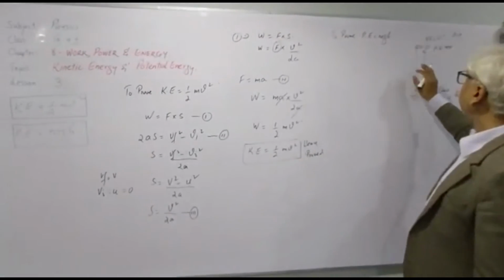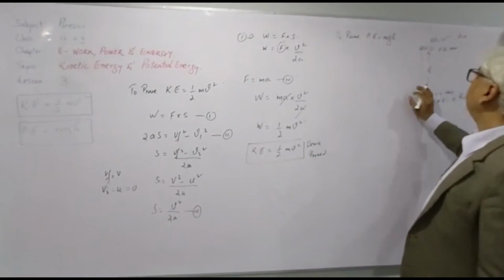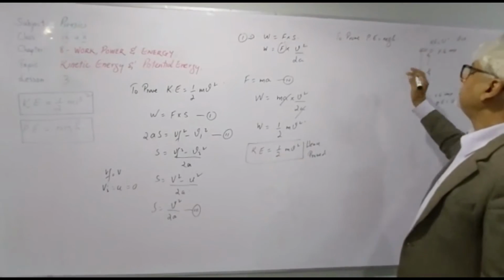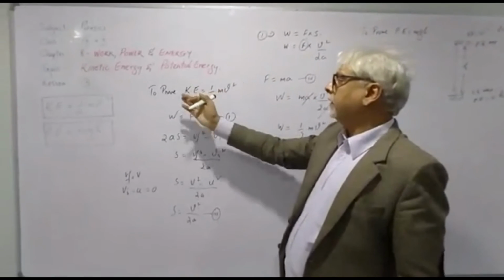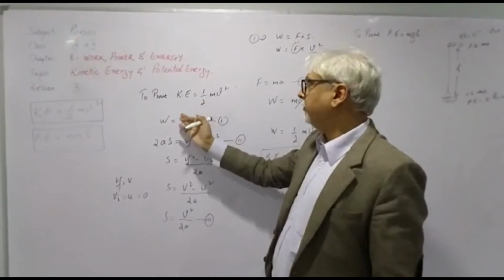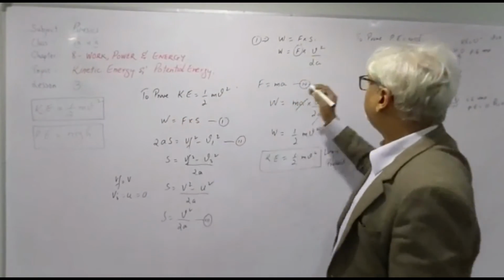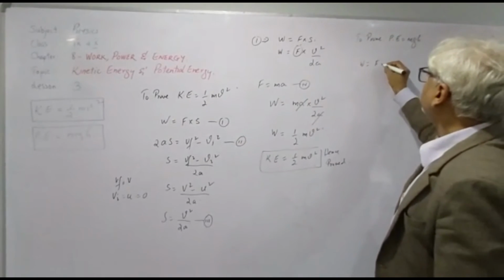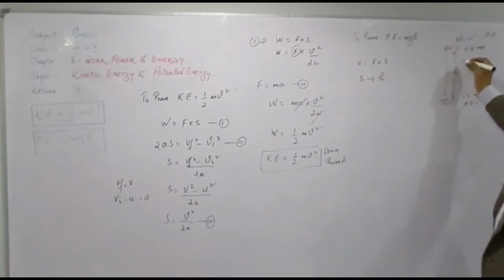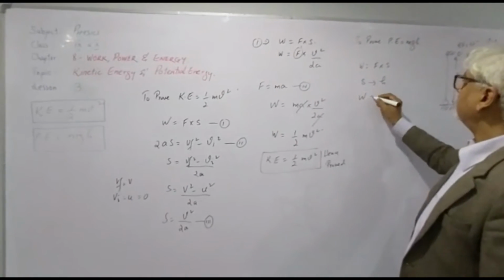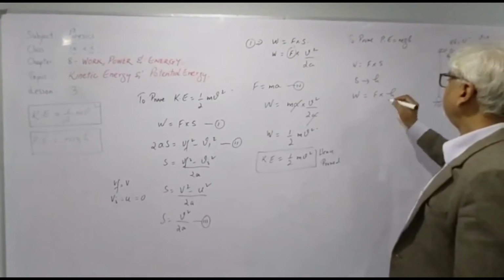Now the force with which we take the body up is against gravity, g. I can start from the same equation as when I was deriving kinetic energy. W is equal to force times distance, and here we replace distance with height, h. So work is equal to force times height.